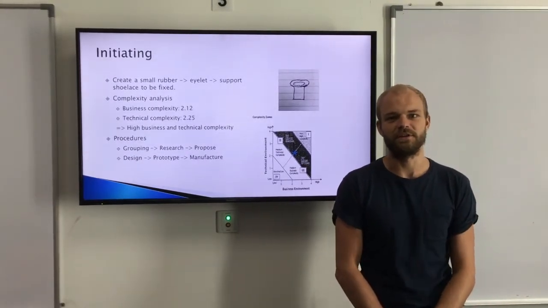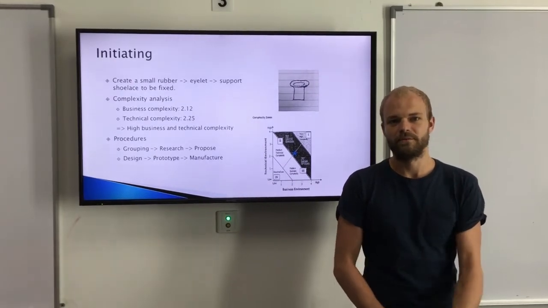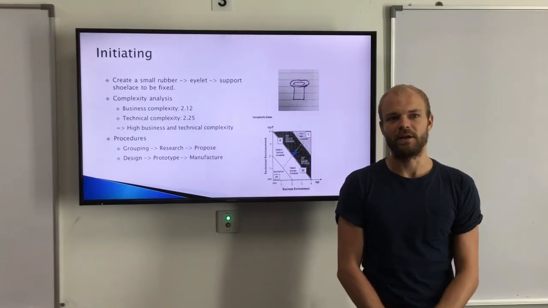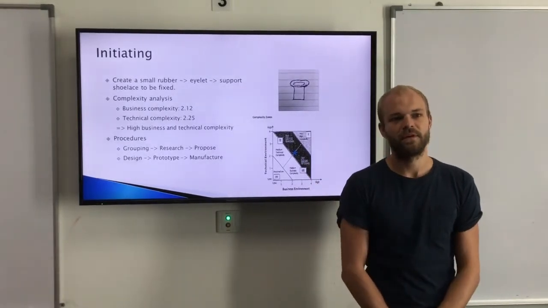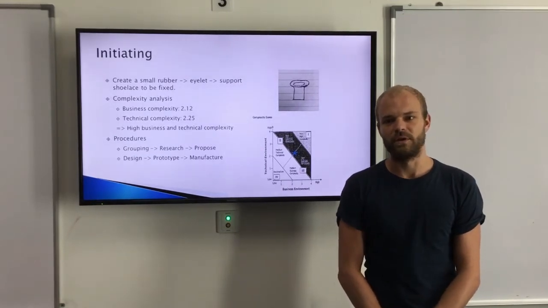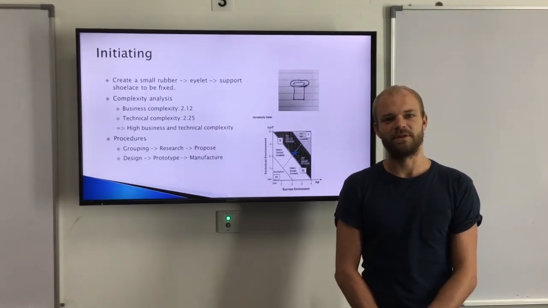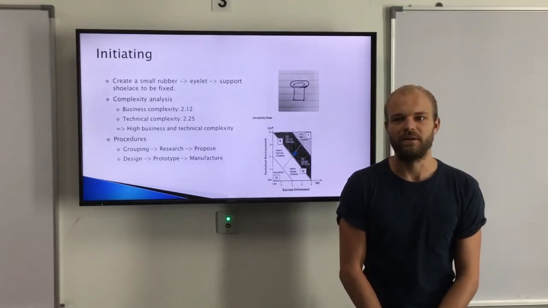I'm now presenting the initiating of our project. First of all, I want to show you that we created a small rubber eyelet support, as you can see in the drawn picture. Afterwards we calculated by given equations the business complexity as 2.12 and the technical complexity as 2.25.